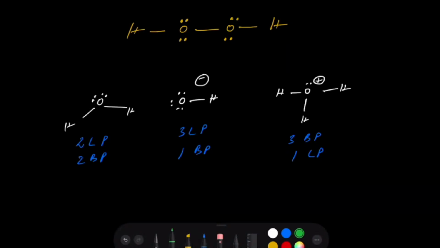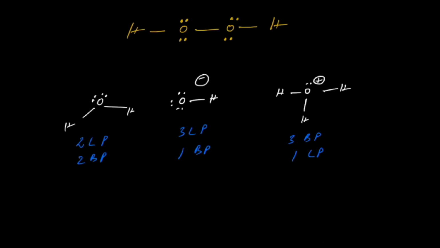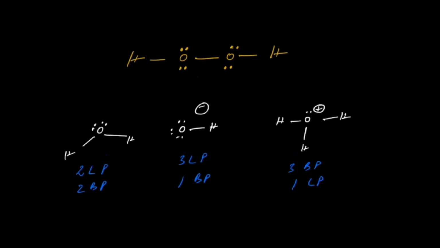In hydrogen peroxide, if I do the partition of electrons, I'm interested in this oxygen, so I'm doing the partition. This oxygen is attached to this hydrogen, and it will pull the electrons from the hydrogen, so it will include both the electrons here.